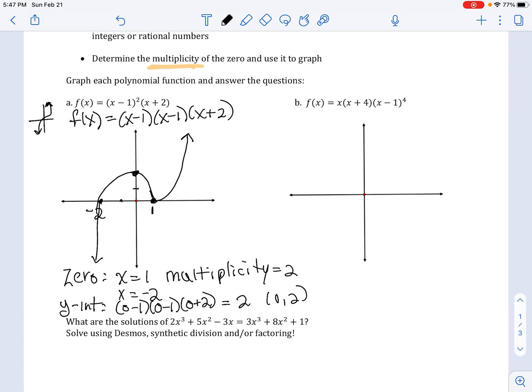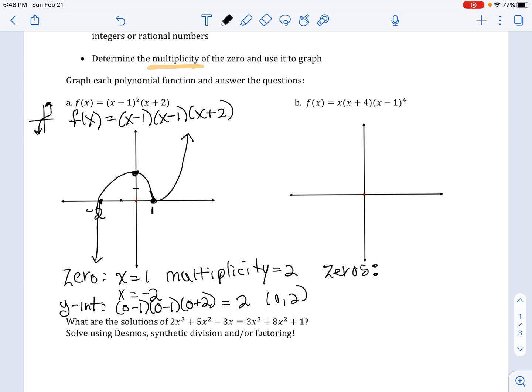All right. For the next one, I'm going to have you put some stuff into Edpuzzle, okay? So let's begin with the zeros, right? So go ahead and list the zeros in the box in Edpuzzle. Just list the numbers separated by commas.